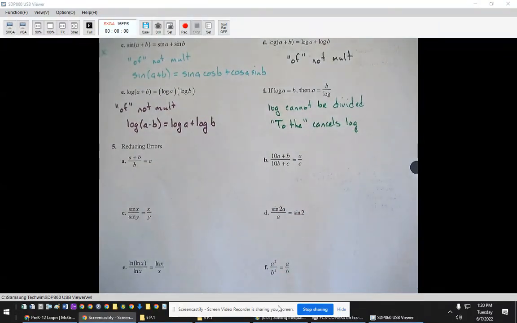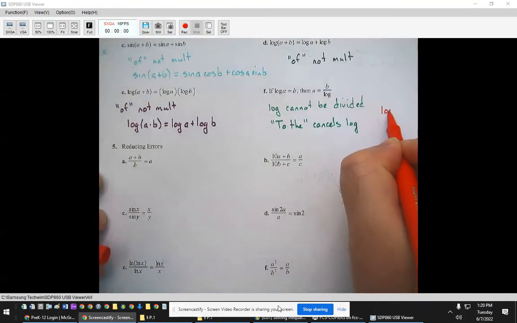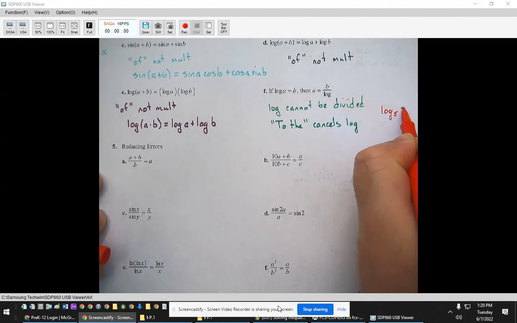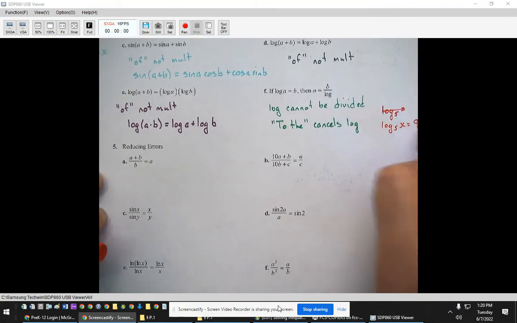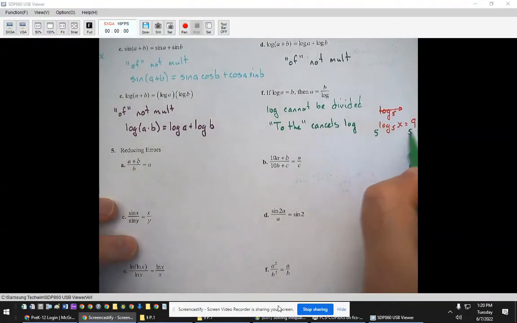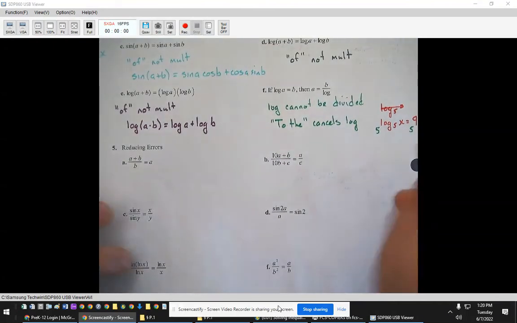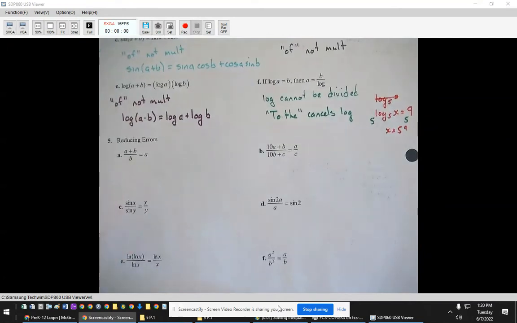So like for instance, if I had log base 5 of x equals 9, I would go 5 to the and 5 to get x equals 5 to the 9th. You might remember that from pre-calc days.